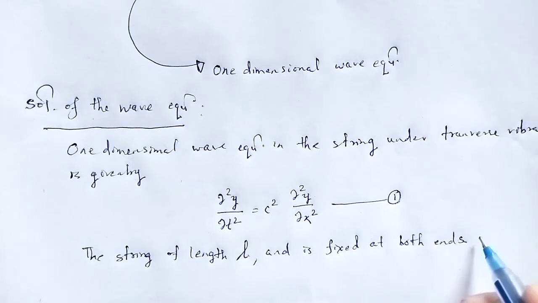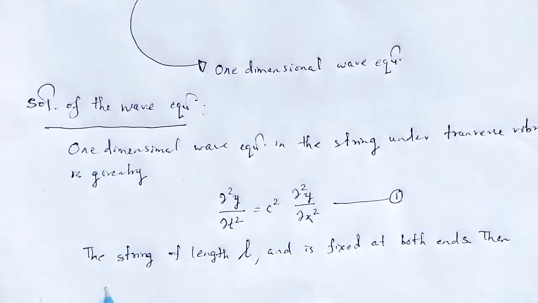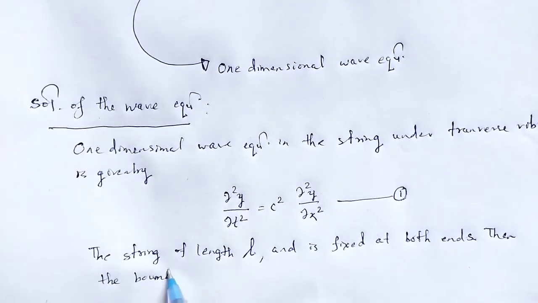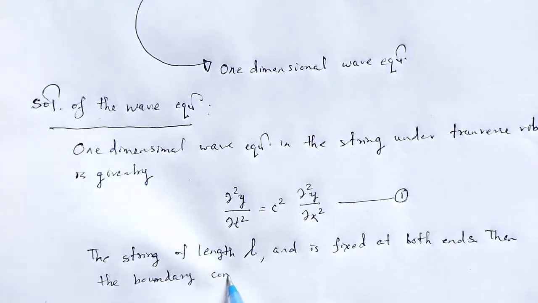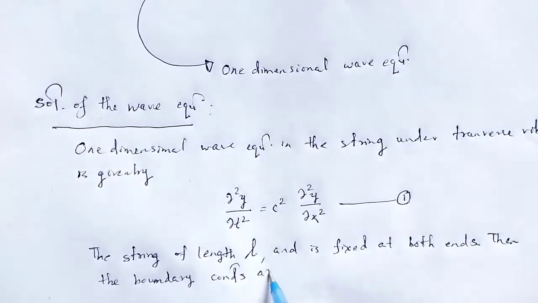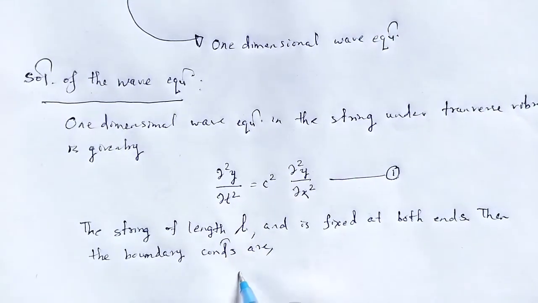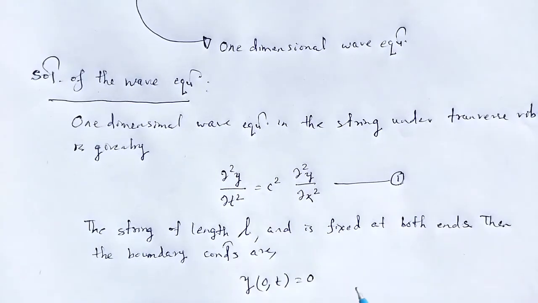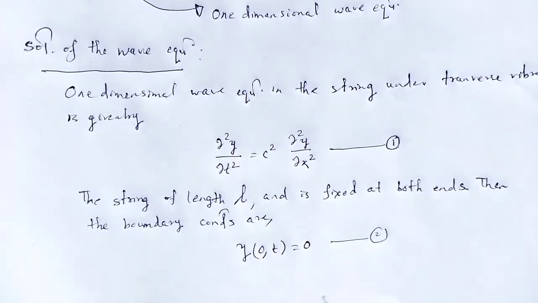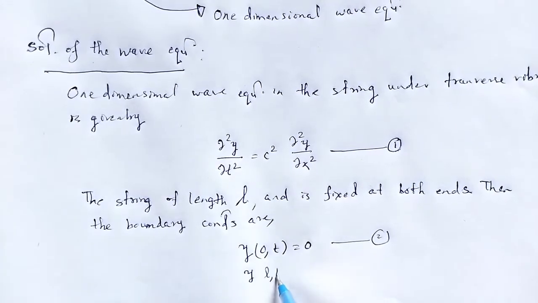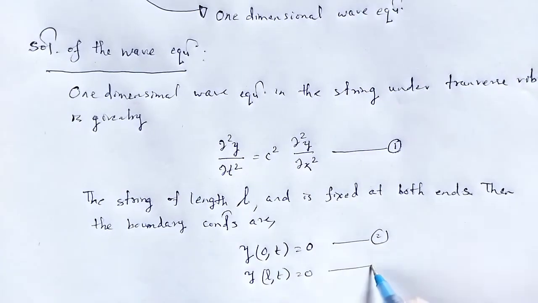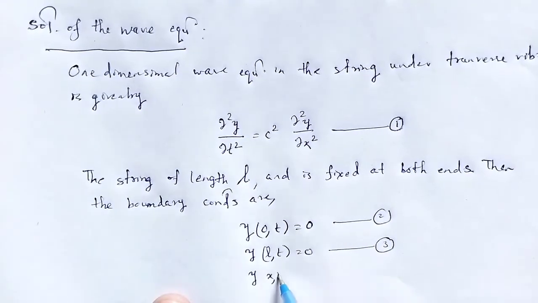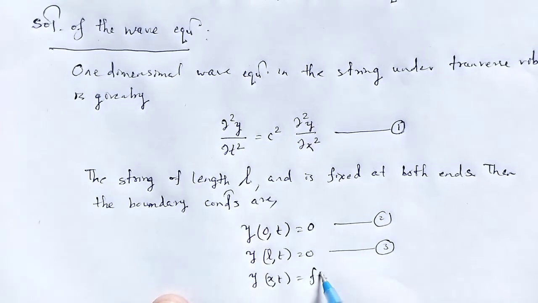Then the boundary conditions are y at 0, t is equal to 0, y at L, t is equal to 0, and y at x, 0 is equal to f of x.